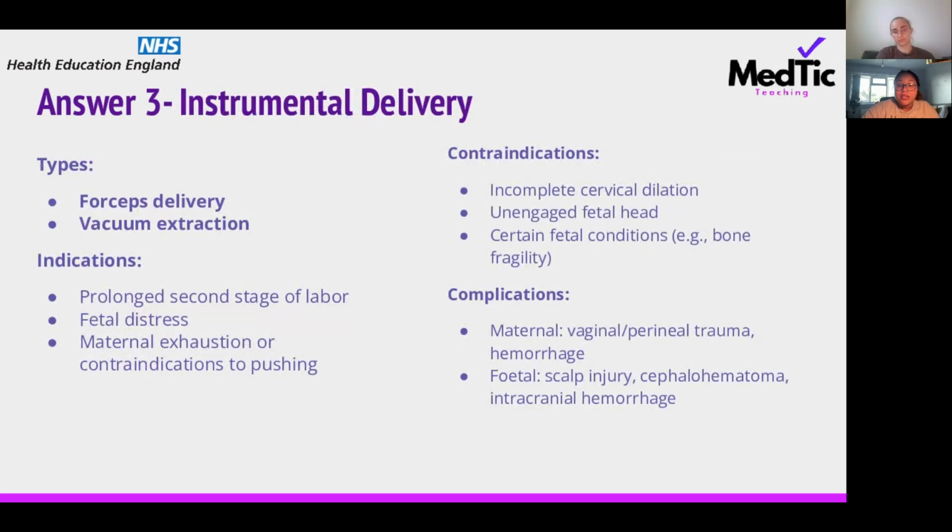With instrumental deliveries, there are 2 types: the forceps delivery and the vacuum extraction. It's indicated mainly if there's a prolonged stage of labour, fetal distress, maternal exhaustion, or contraindications to pushing. These can include incomplete cervical dilation, enlarged fetal head, and certain fetal conditions, like bone fragility.